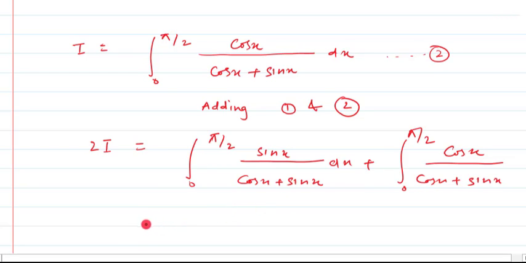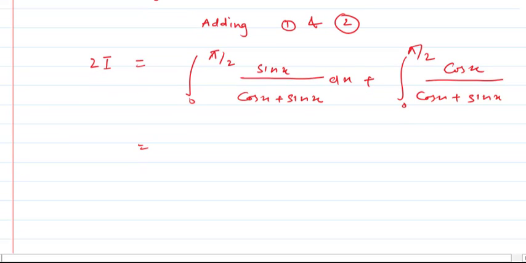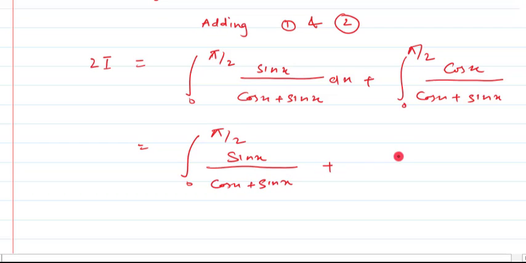Now as I told you, property number 4. Property number 4 is, if the limits are same, we can write fx plus gx as using the same limits and segregating them. So using the reverse of that, we can write this as 0 to pi by 2 sin x upon cos x plus sin x plus cos x upon cos x plus sin x and dx.